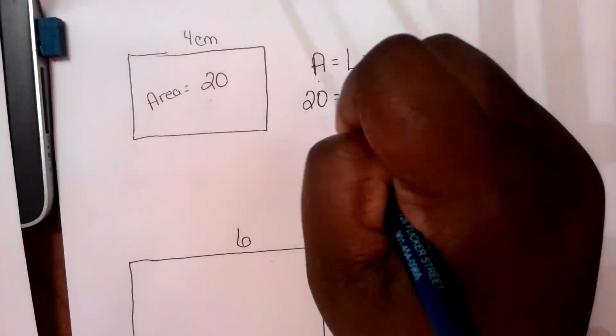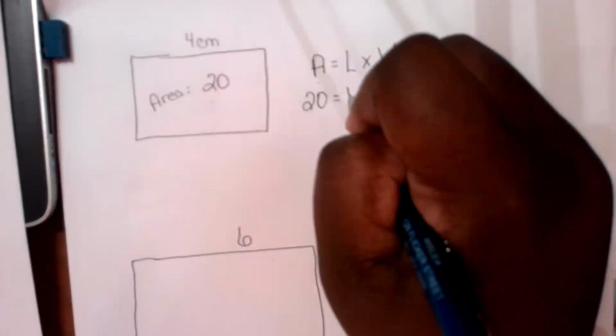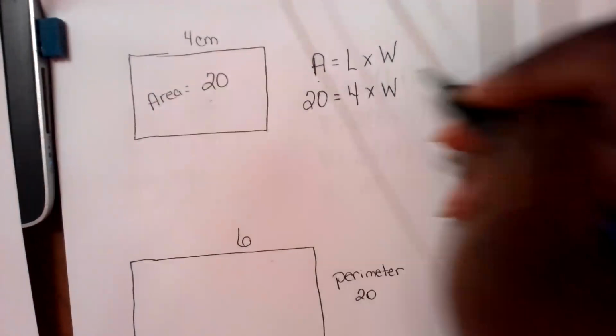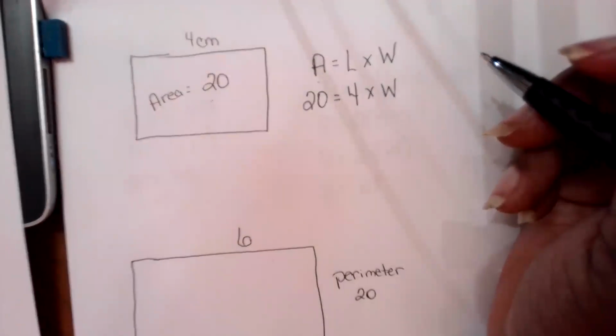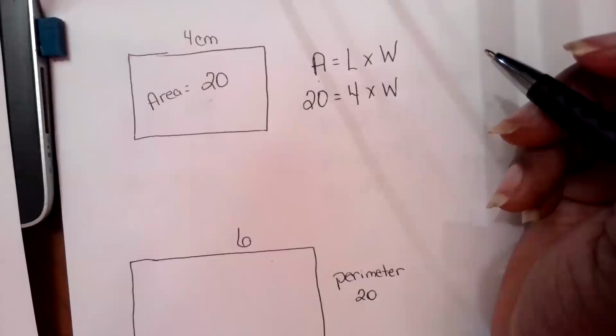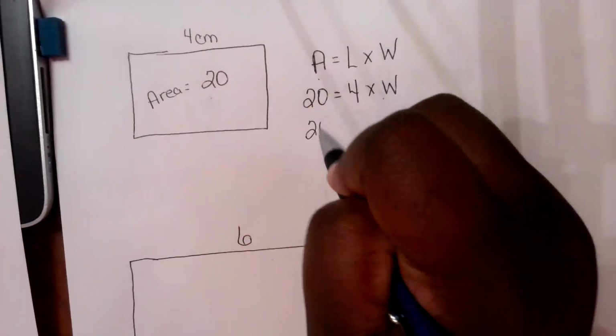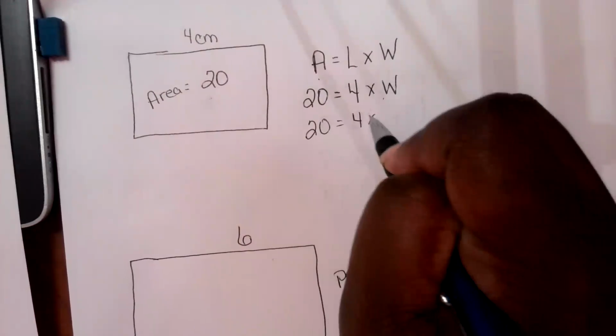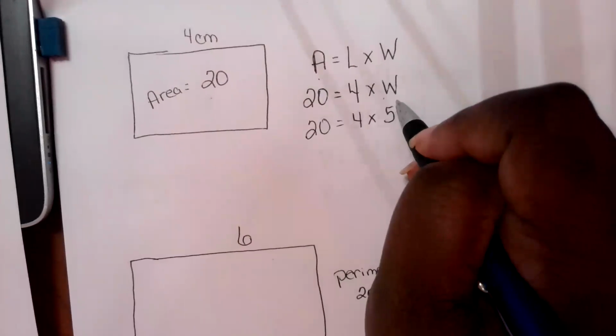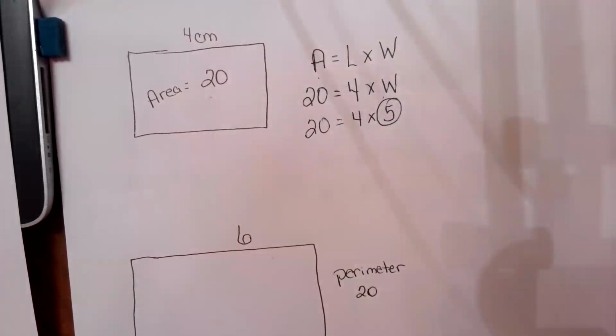And then it gives me my length, which is 4, but it does not give me my width. So I'm going to keep that variable there. And then I'm going to fill in what this variable is. 20 equals 4 times 5. So my width has to be 5 in order to make this true.